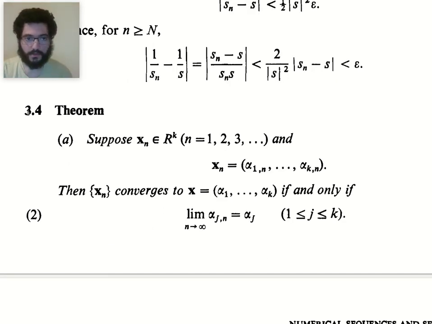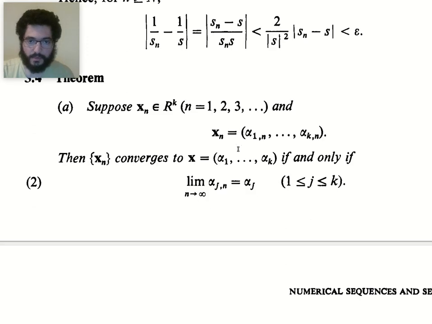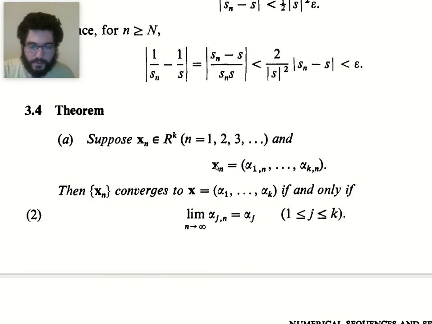Looking back in the chapter on sequences, theorem 3.4: if you have a sequence x sub n of k-tuples and you write down all the component sequences, then your sequence of k-tuples converges to a particular k-tuple if and only if each component sequence converges to the corresponding component. And this is an if and only if.